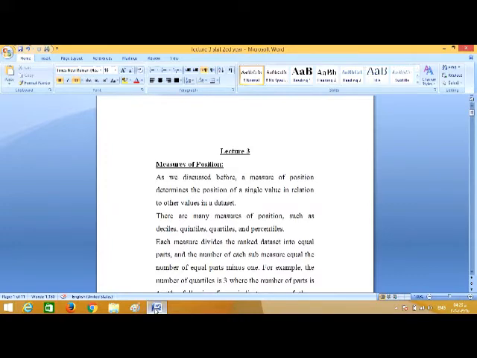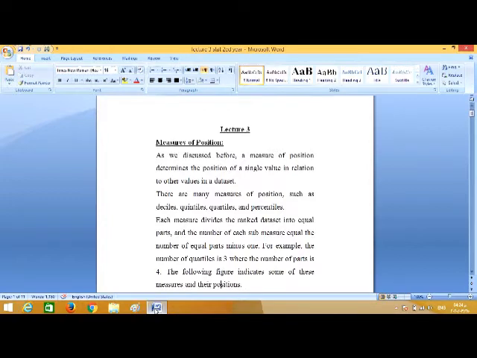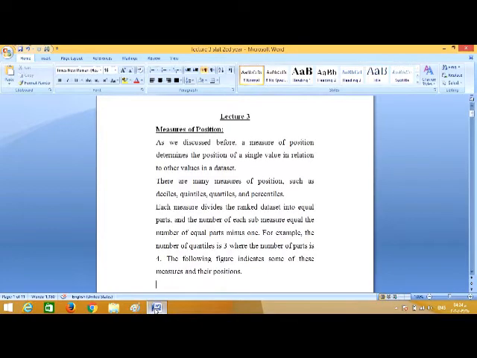For example, the number of quartiles is 3, where the number of parts is 4. 4 parts, every part contains 25% of the data set. Okay, so this is called quartiles.